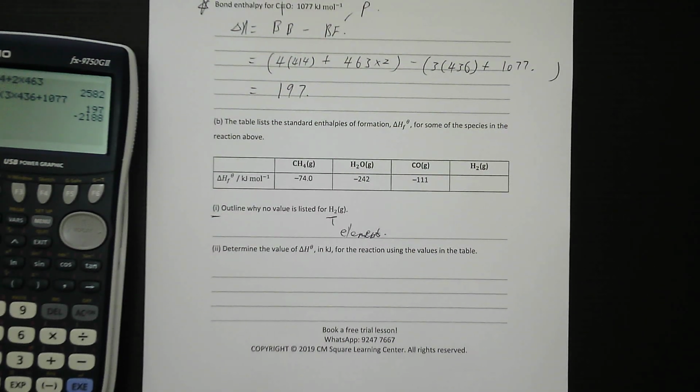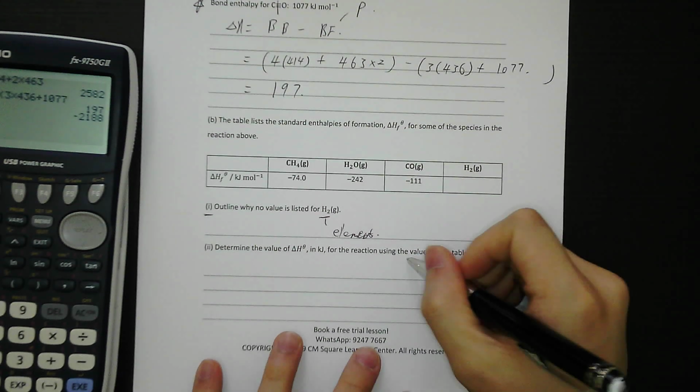The question assumes you know that an element has a 0 value for the enthalpy change of formation. And part 2: find the value of delta H in kilojoules for the reaction using the values in the table.